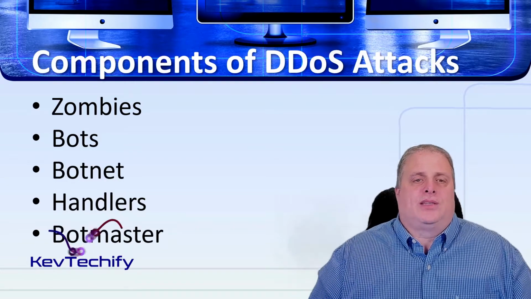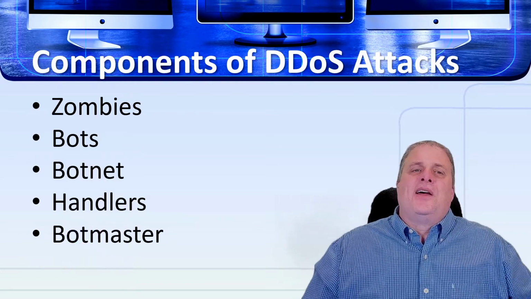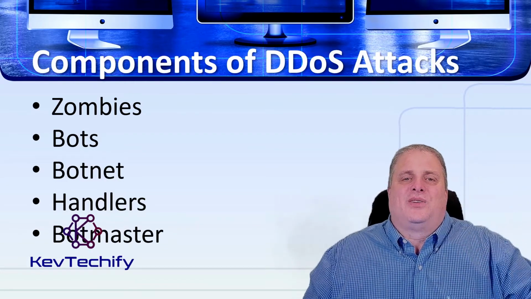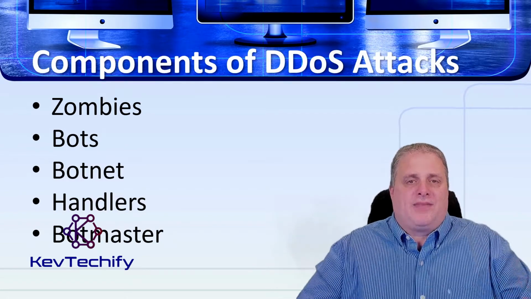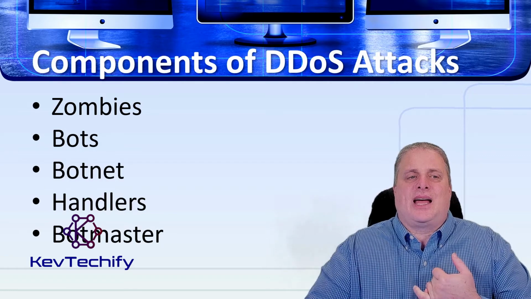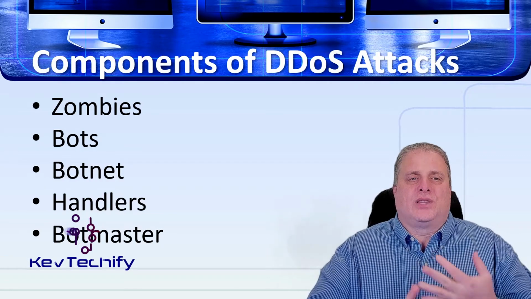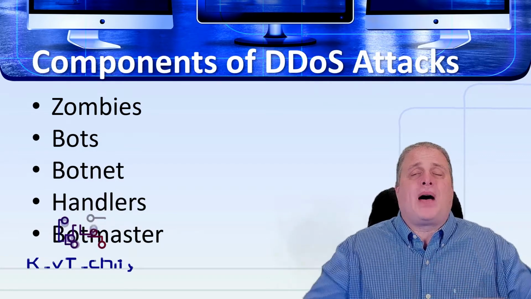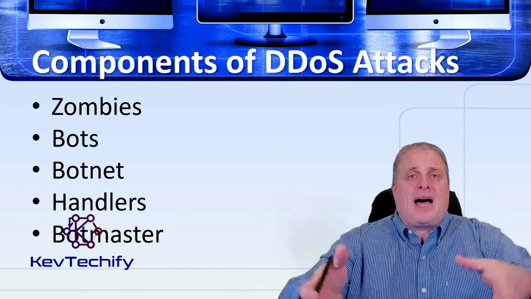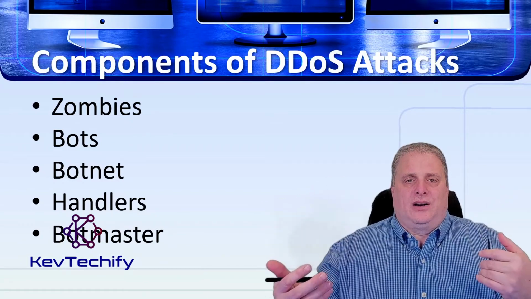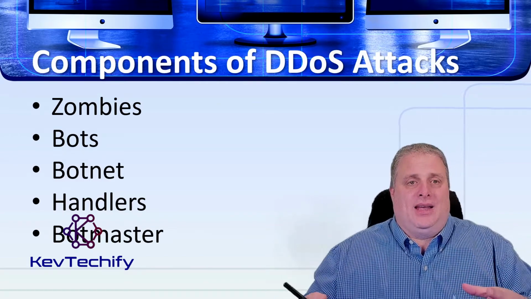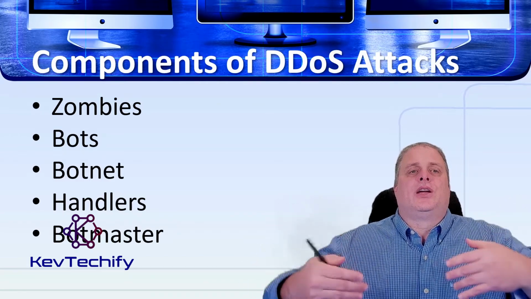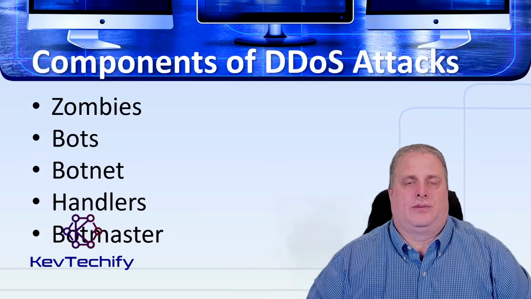And the bot master here, this is like Keymaster, is the threat actor who is in control of the botnet and all the handlers. So you have compromised systems. These are the zombies that turn into bots with the software they're running. All of these bots together form a botnet. Handlers refer to basically the servers that control the botnet, and then the bot master controls all of it.